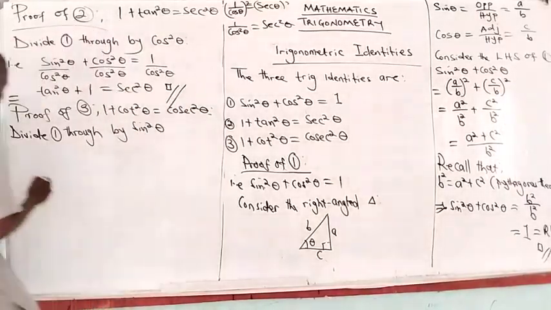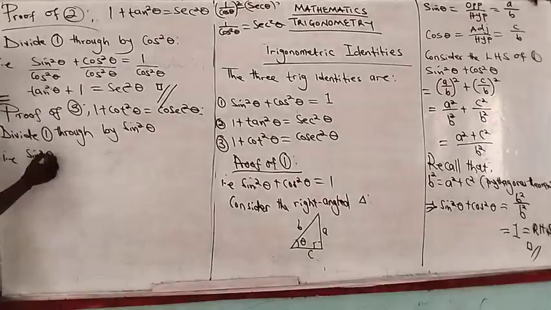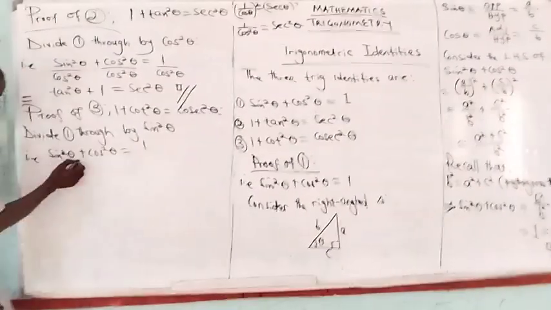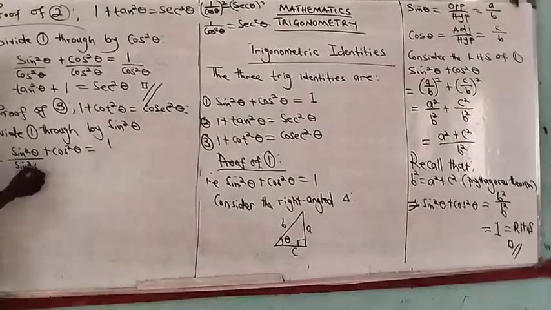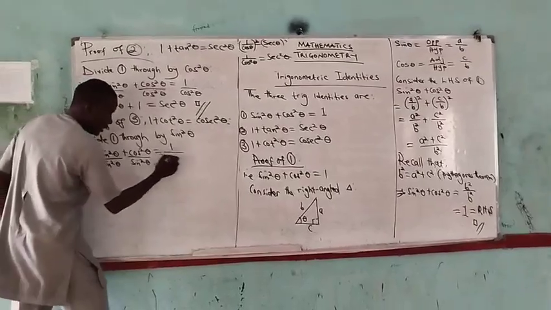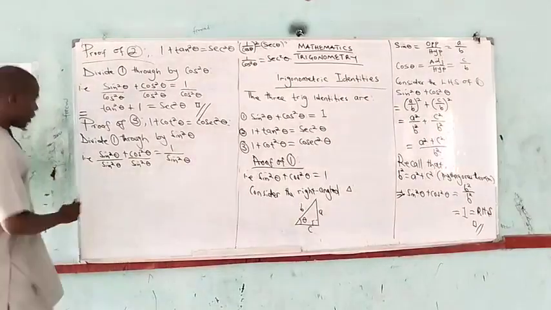Again, we have sine square theta plus cos square theta is equal to 1. So we divide this by sine square theta, we divide this again by sine square theta, and we divide this one again by sine square theta.